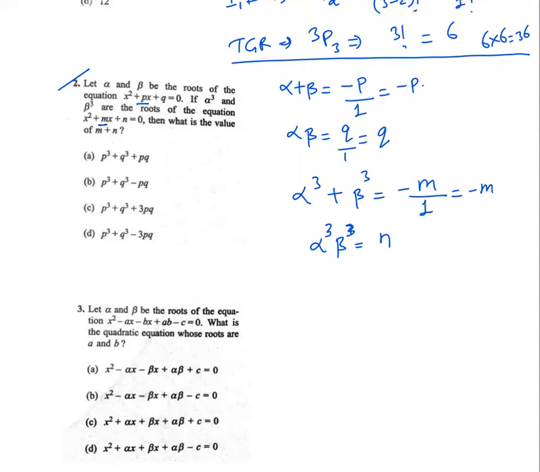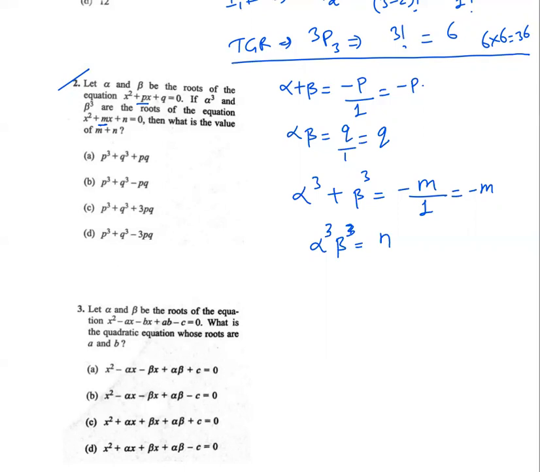So alpha cube into beta cube is nothing but n, and alpha cube plus beta cube is equal to negative m, isn't it? Now we have to find m plus n.